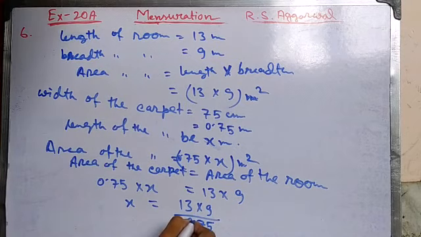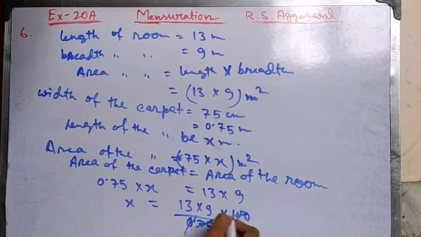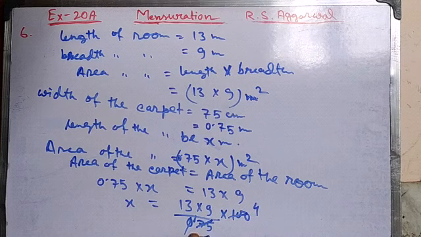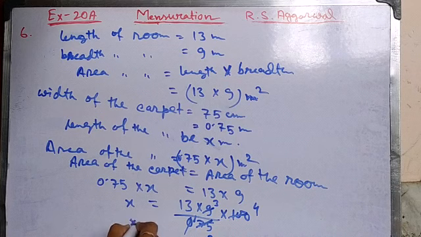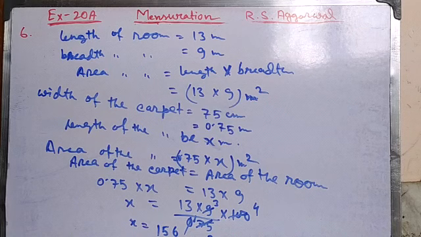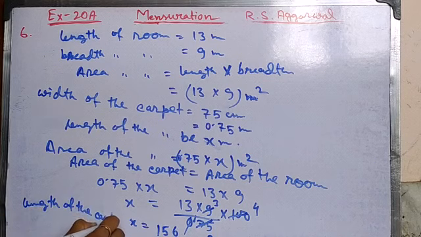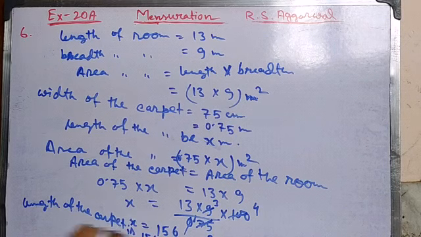Then I remove the point, multiply by 100, then by 25 it can be divisible. 25 4s are 100, 25 3s are 75, then 3 3s are 9. So x equals 4 3s are 12, 12 3s are 36, 12 1s are 12 plus 3, that is 156. So the length of the carpet is 156 meter.